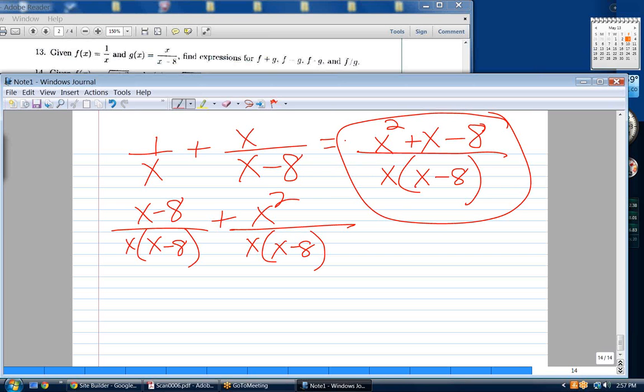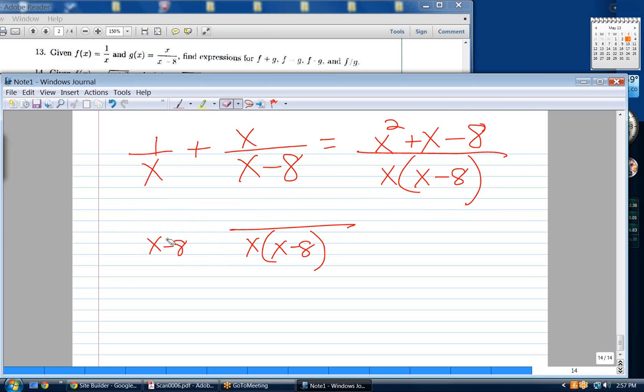And notice that, in case you're wondering if that factors, it doesn't nicely. If it did, it might be useful to do so, because what if we found an x minus 8 as one of those factors, we could cancel it. But it doesn't factor, and in fact, I've never found those to factor. So, okay, f minus g would be exactly the same process, only you subtract the numerators instead of add them.